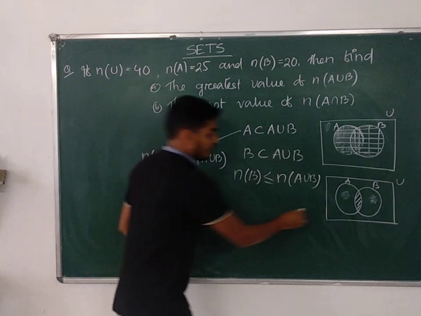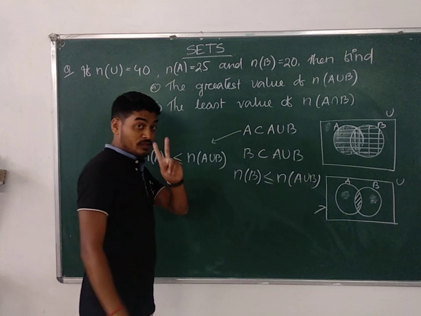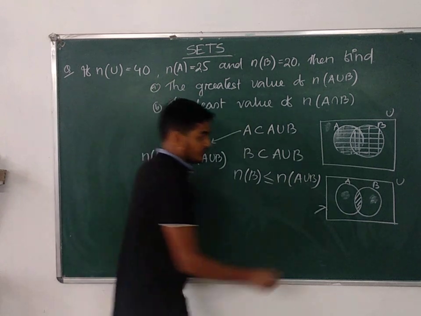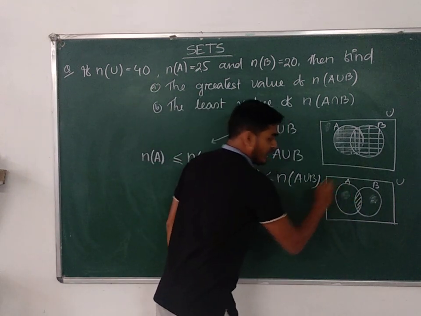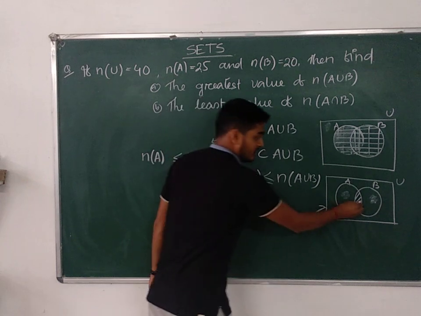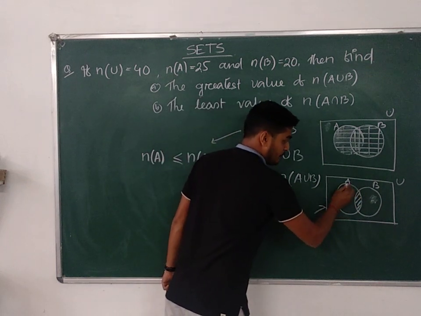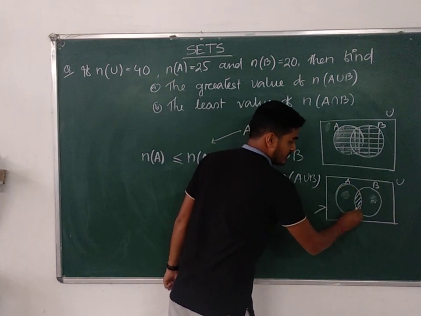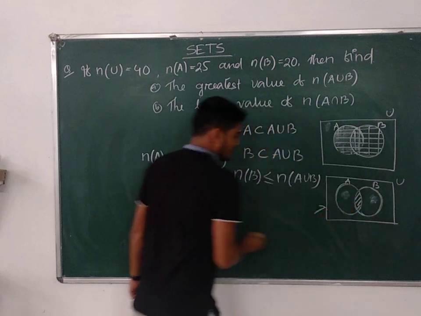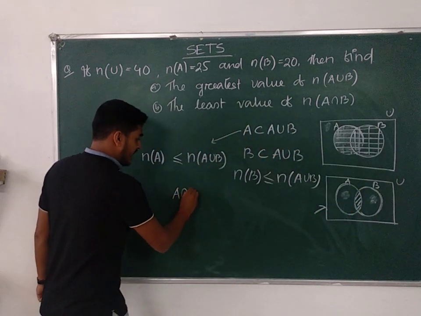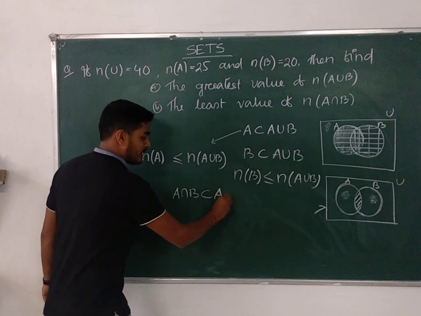In the same way, from this diagram, we will get another two different properties. Observe, this shaded region is part of A, am I correct? This shaded region is also part of B. It is why shaded region to A part nohoy, never, A bhitor eta portion. This shaded region is also part of B. So that's why we can say that the shaded region, A intersection B, is a subset of A. Am I correct?